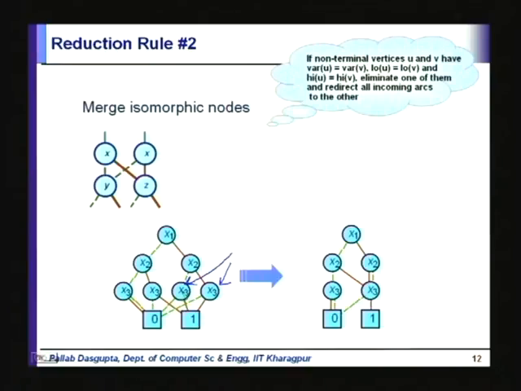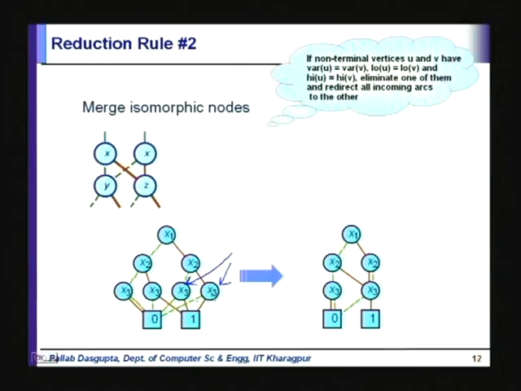Because what does this node represent? When x3 is 0, we go to 0, when x3 is 1, we go to 1. So what is this function in terms of x3? x3 only. And what is this one? Also x3, right? So these 2 are the same function.